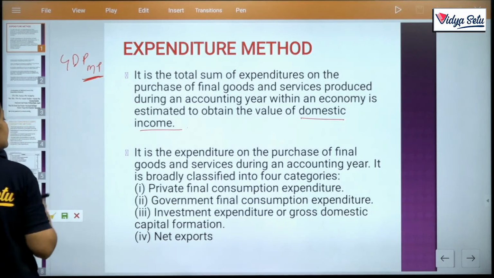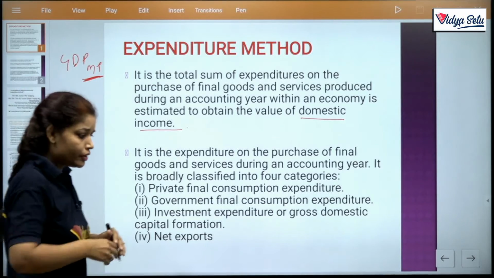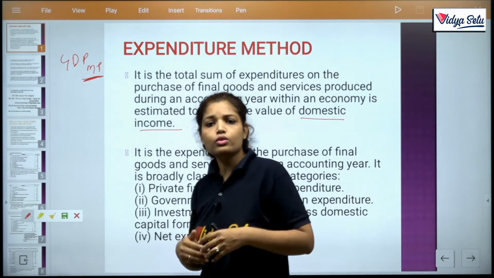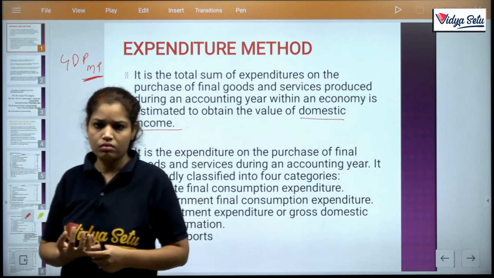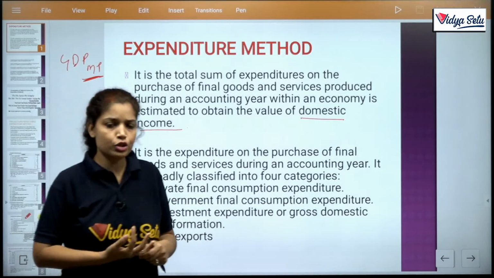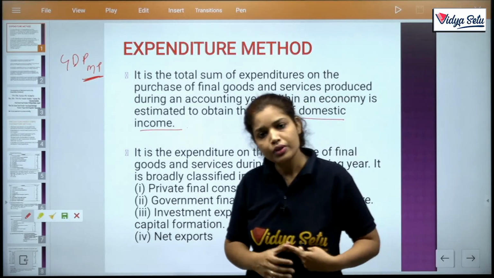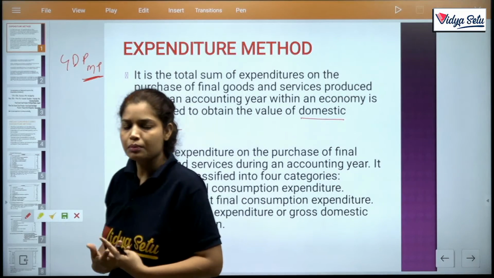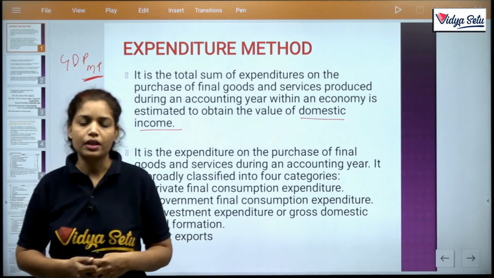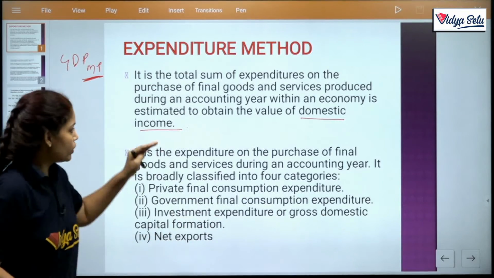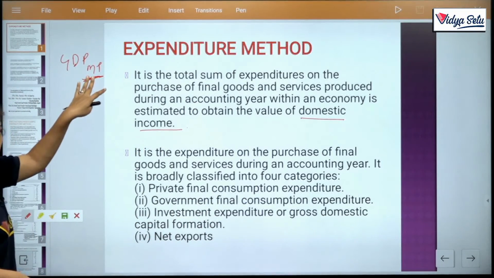Because when we spend some amount, we pay inclusive of all taxes, clear? What is the difference between FC and MP? There are taxes and subsidies. So when we spend some amount to purchase something, we pay inclusive of all taxes. So here we receive the MP amount.